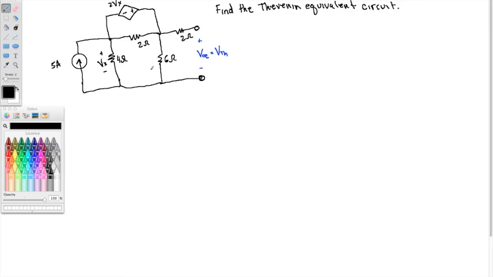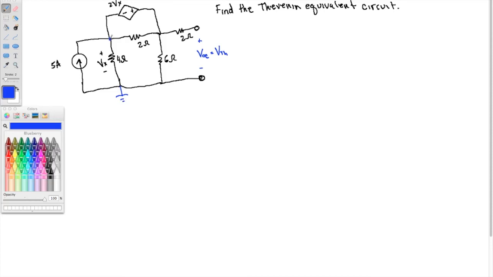All right, well, this is not easily done. Let's set this node to be ground right here. The reason I'm doing that is if this is 0, then this node is 2Vx. Oh, actually, let's back up. Let me set this node to be ground.